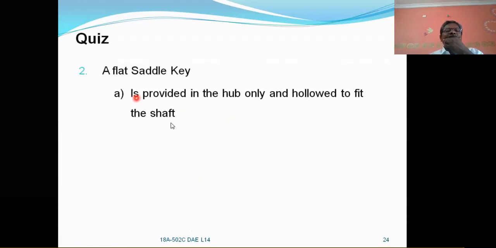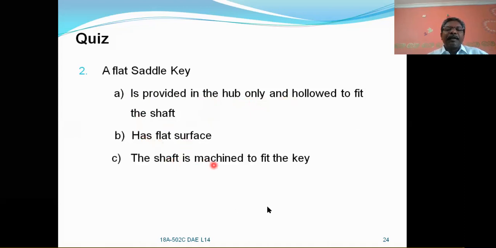A flat saddle key is provided in the hub only and hollow to fit the shaft, has a flat surface, the shaft is made to fit the key, none of the above. Which is the right answer?